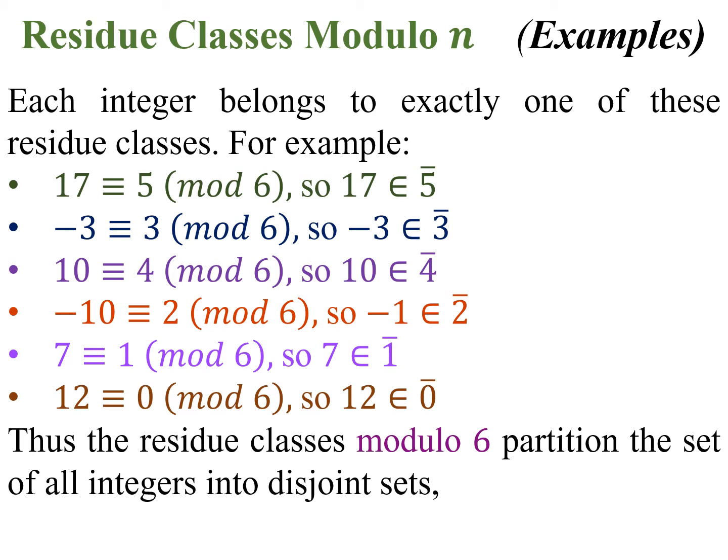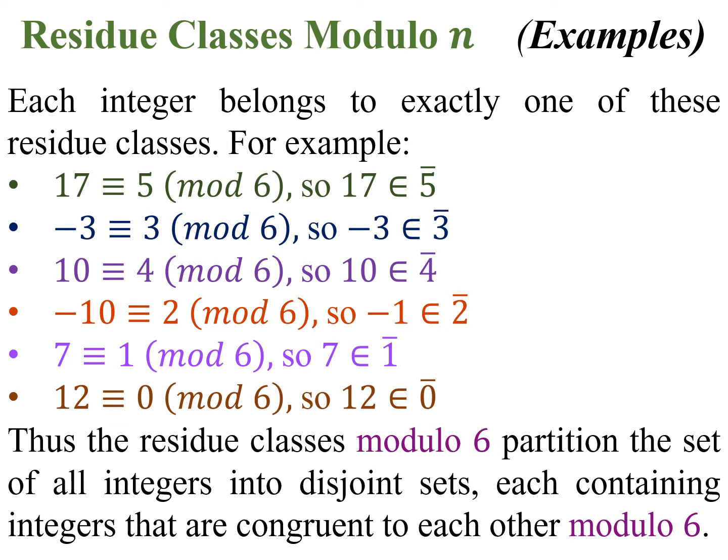All 6 classes are disjoint, and when we take the union of these 6 residue classes, we get the whole set of integers. Hence we can say that these residue classes partition the set of all integers into disjoint sets, each containing integers that are congruent to each other modulo 6.